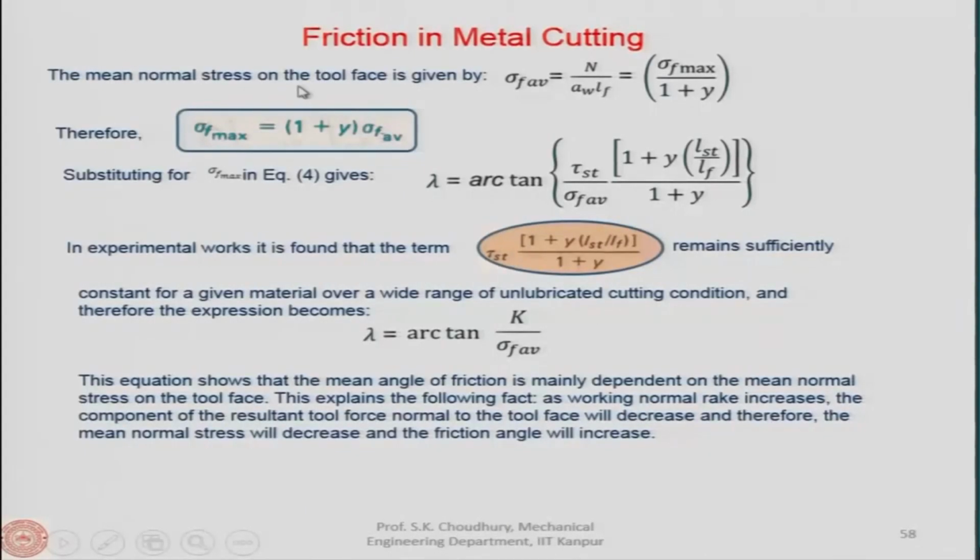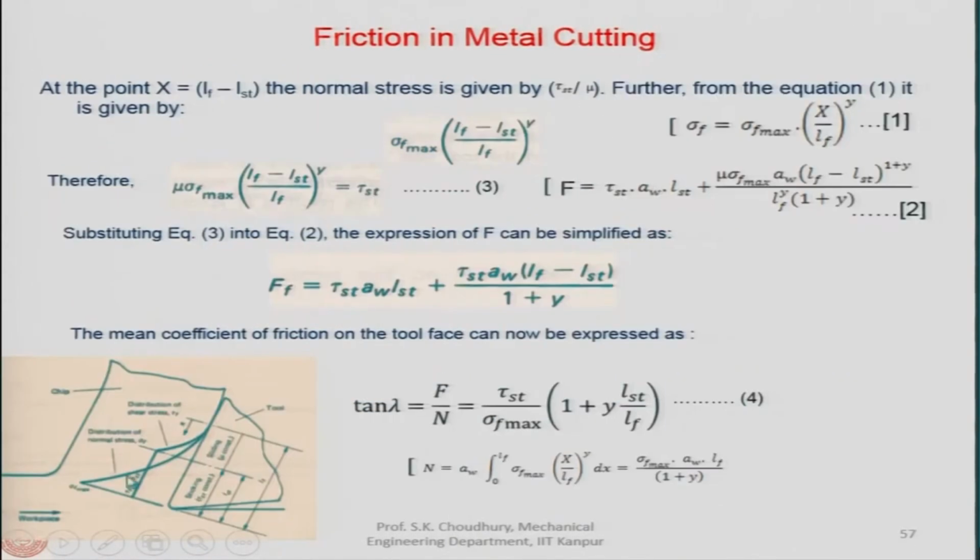Now, the mean normal stress on the tool face is given by, now we are talking about the normal stress. This is N, which is the normal force acting on that face, divided by the area. And the area is the width and the length. So, AW is the width and LF is the chip tool contact length.